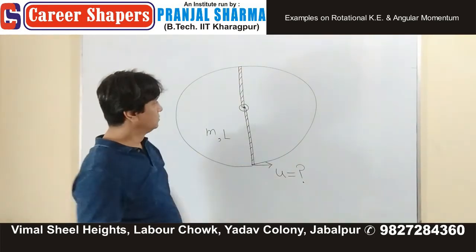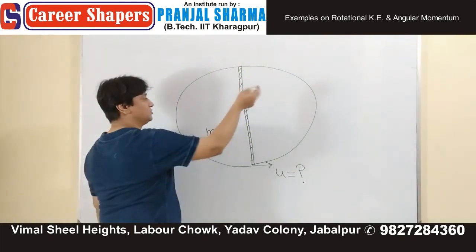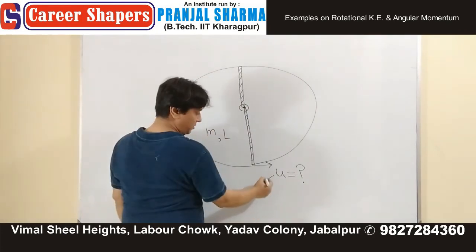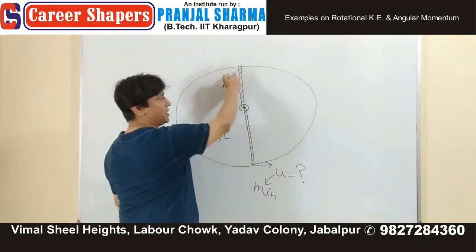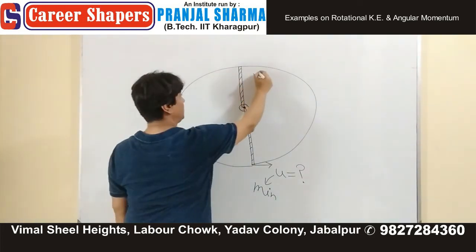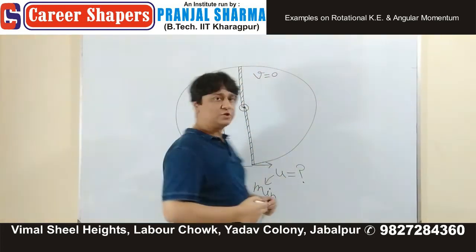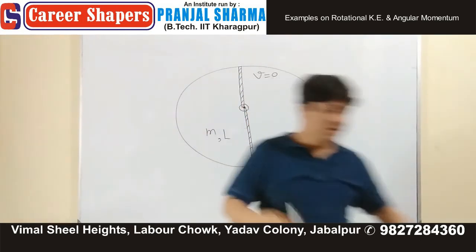This is u, and we need u minimum, and therefore when you reach this point your v will become what? 0. That is the meaning of minimum.